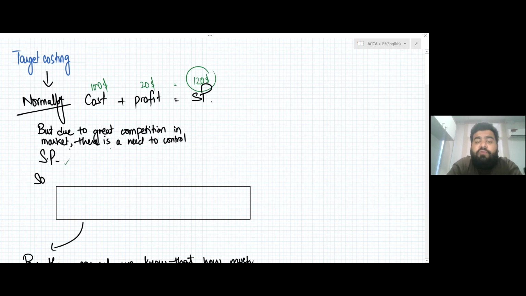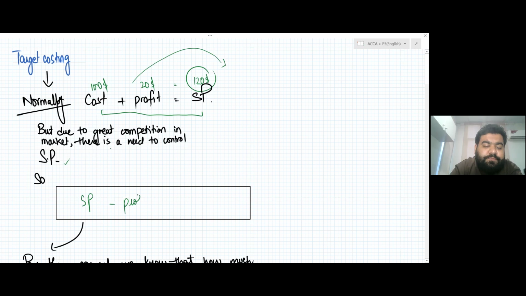So we have to rearrange this formula and think in reverse. If we take the profit to the other side, the formula becomes selling price minus profit is equal to cost.